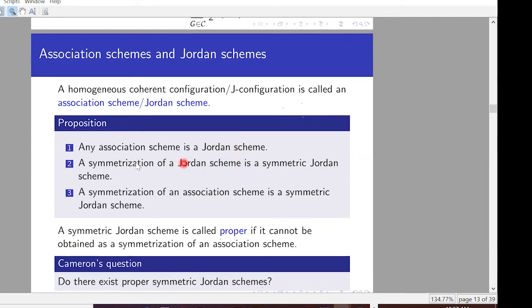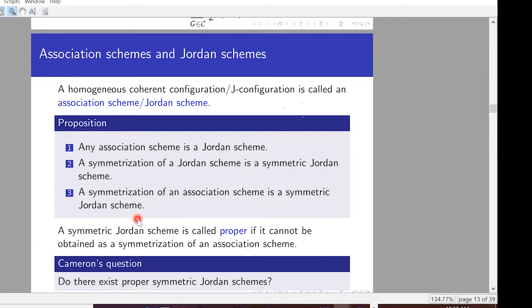A symmetrization of a Jordan scheme is a symmetric Jordan scheme. So as a corollary, a symmetrization of an association scheme is a symmetric Jordan scheme. And a symmetric Jordan scheme is called proper if it cannot be obtained as a symmetrization of an association scheme.